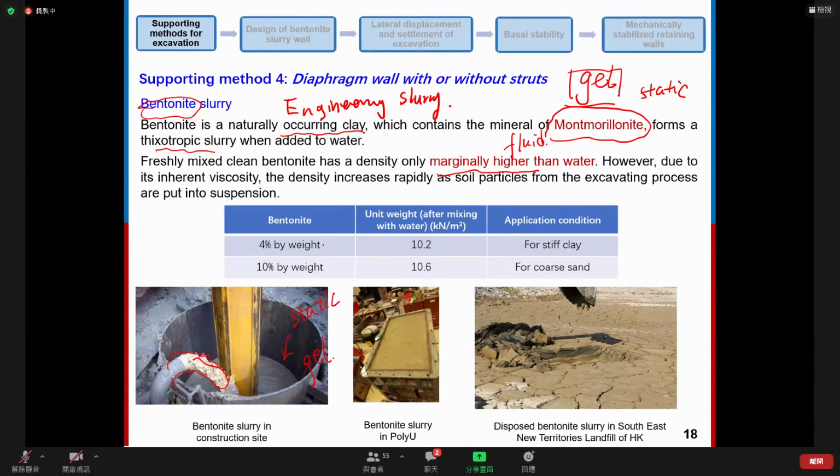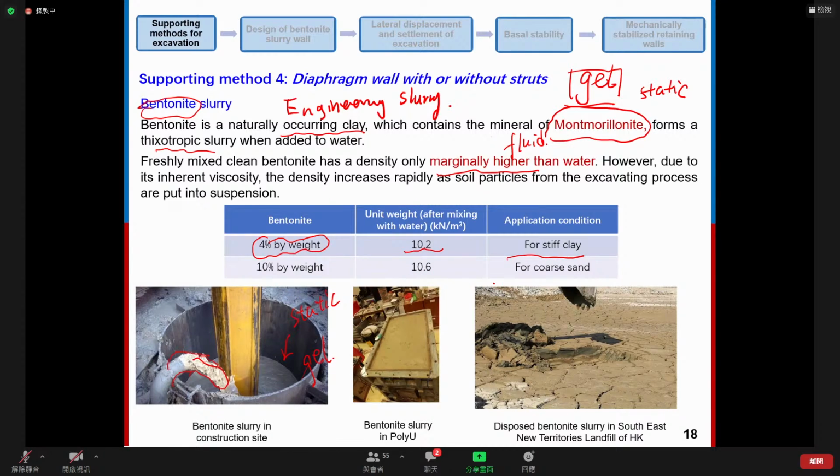You can see here, if we use different dosage, we can adjust the unit weight of bentonite slurry. For supporting stiff clay, we usually just use 4% bentonite by weight. In this case, we can reach a unit weight of 10.2.